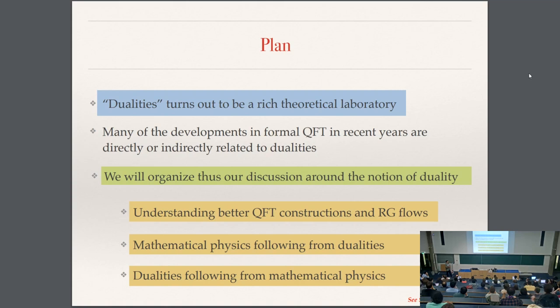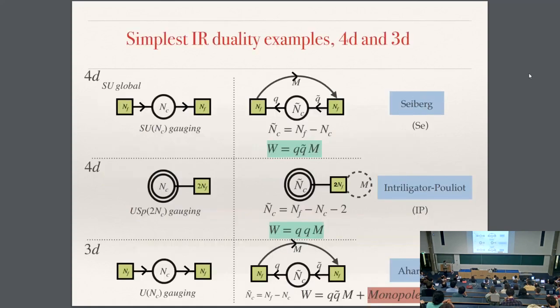So this is how our discussion will proceed. We'll organize the discussion around the notion of duality, and the motivation will be understanding better QFT constructions, all possible QFT constructions, renormalization group flows, some mathematical physics related to dualities, and dualities that we can infer from mathematical physics.